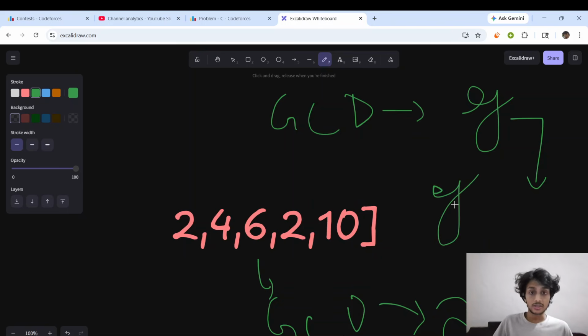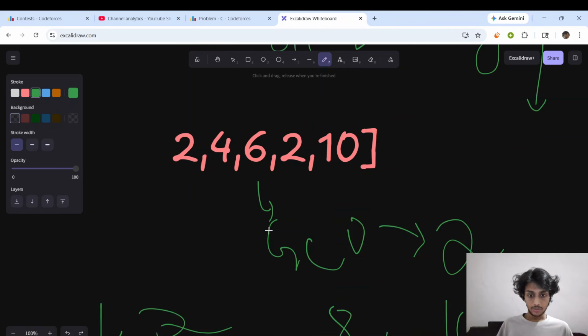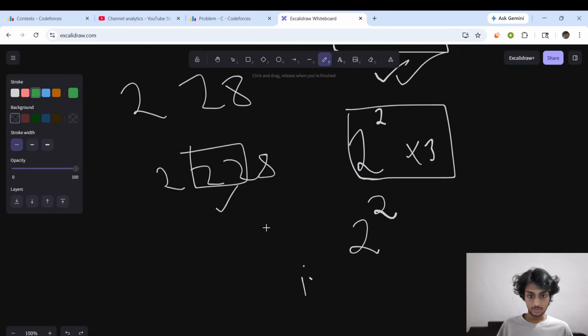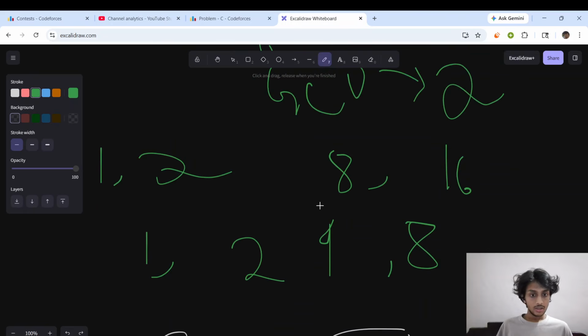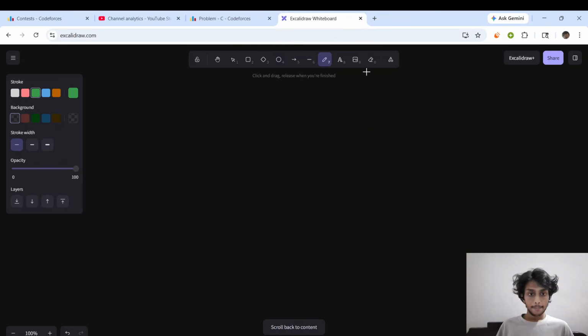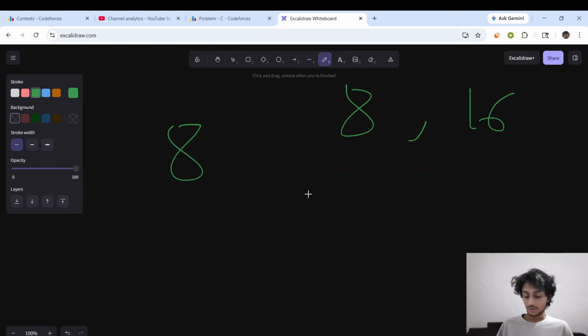Let me take an example. For 8 and 16, the GCD is 8, right? So 8 divides both of these elements.